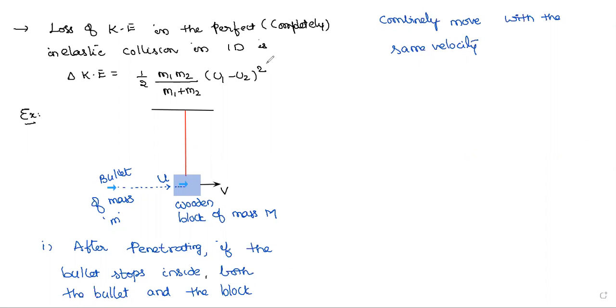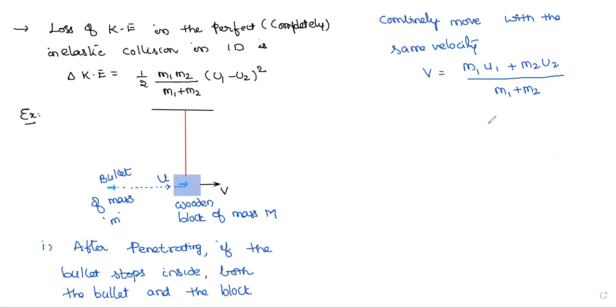How much is that? All of you know. In the perfect inelastic collision, the common velocity v is equal to, since it is one dimensional, no need to write even the bars, directly you can write (m1 u1 plus m2 u2) divided by (m1 plus m2). No need to take the vector form.